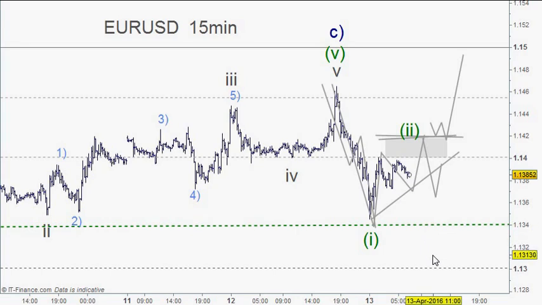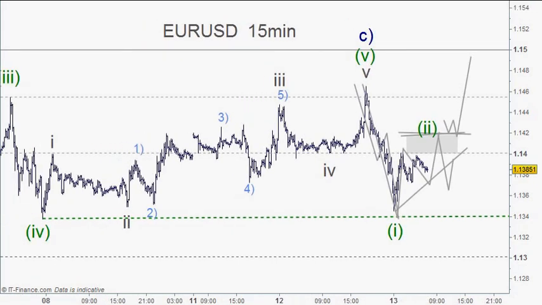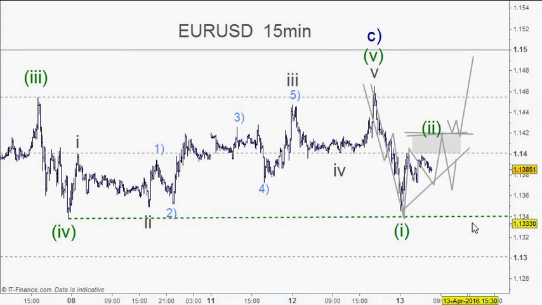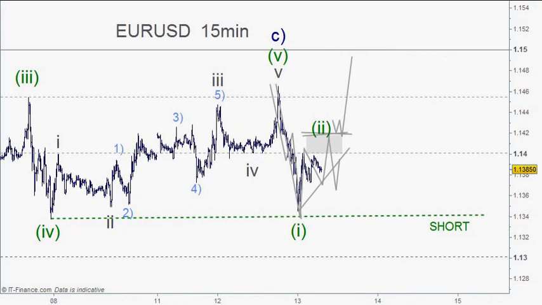We know that the market's been churning here and waiting, but we just don't have a clear count or setup in this particular degree of structure. So we're still in waiting mode at this stage. But as I mentioned, on a move down through here, you don't even have to take the short trade, because any move down here is going to see a bounce off the 13 and off the old lows too.